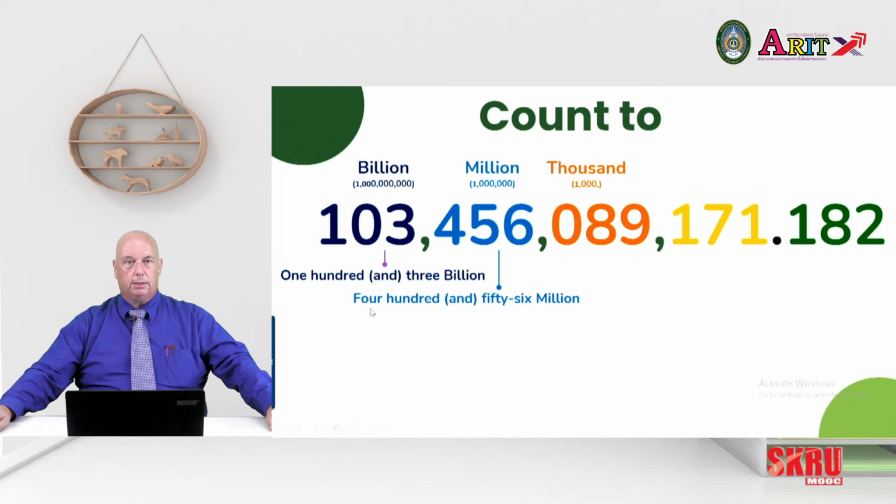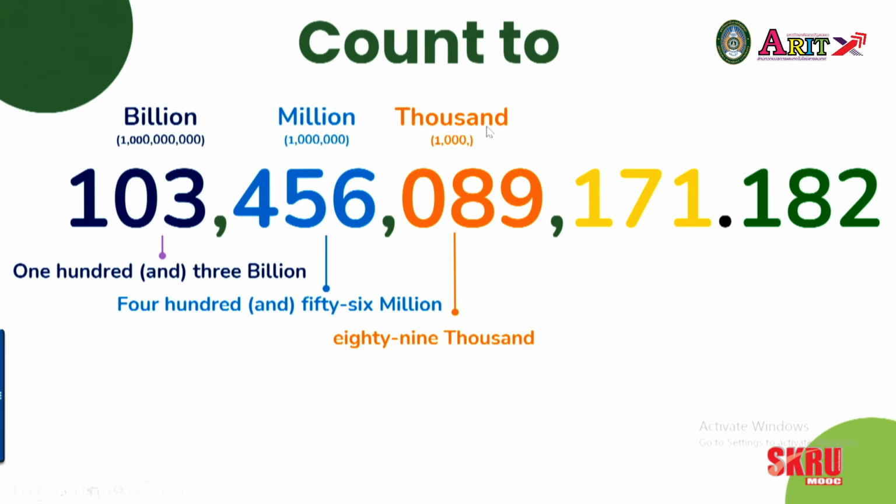456 million. There's a 0 at the beginning and 8, 9. So no hundreds, just 89,000. This group are thousands. And then our final group of 3, 171.